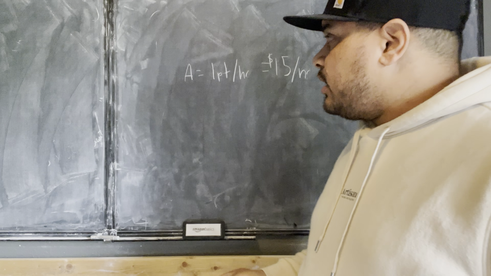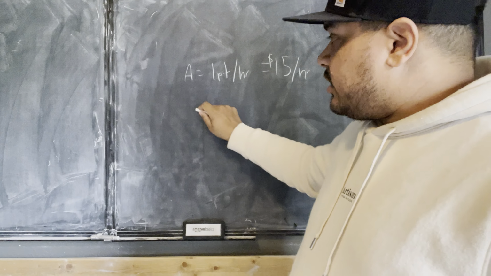But if your craftsman is able to produce 2 points per hour, then what you ought to pay them is up to $30 per hour, because they're twice as productive.